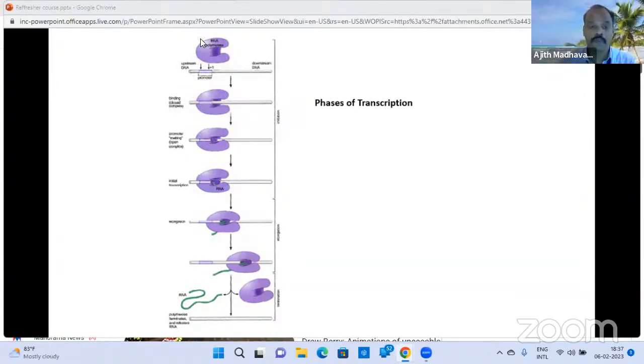It reaches the termination site, the polymerase is removed from the template and the RNA molecule is released. So this is what transcription is all about. It happens in 3 phases: initiation, elongation, and termination. Let me give you some relevant details, and we can stop there with regard to transcription.